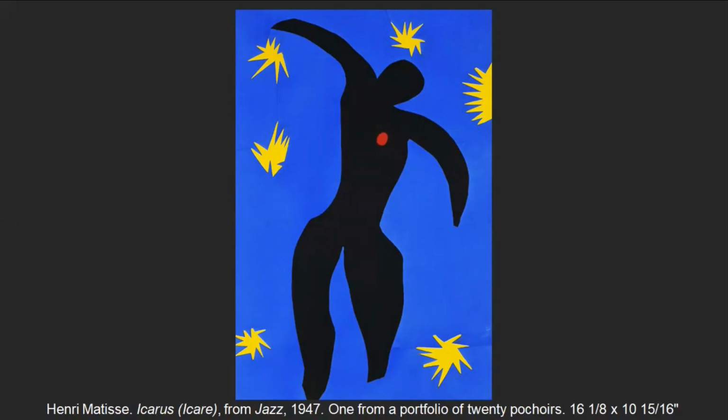So the isolation of the red, that it is the only instance of red, actually calls attention to itself, makes a very strong contrast against that black field of the figure, which softens the relationship between figure and ground, which again, this is what this myth is about. It is the universe pushing back against Icarus's hubris here.